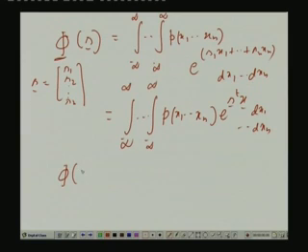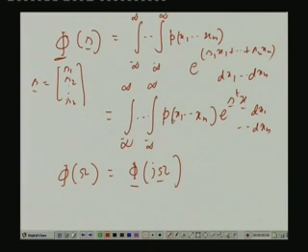You can easily see that phi of omega is nothing but the moment generating function phi bar, where S is replaced by j omega. That is, if S is replaced by j omega vector, you get back your characteristic function. That is very simple, right?